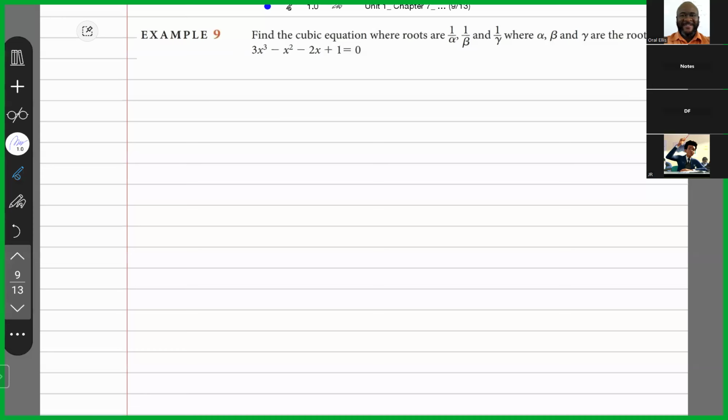All right, so example 9, how are we going to start? The first thing we need to do is to get some data on alpha, beta, gamma, which we can get.